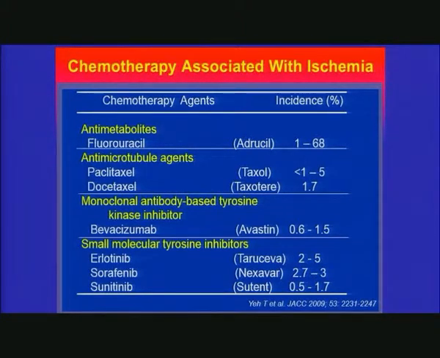Antimicrotubule agents, Taxol or Taxotere, are less than 5%. The monoclonal antibody Avastin, indicated for colon cancer, is less than 1.5%. Recent small molecule tyrosine kinase inhibitors, Tarceva, Nexavar, or Sutent, are also ischemia-inducing anti-cancer drugs.